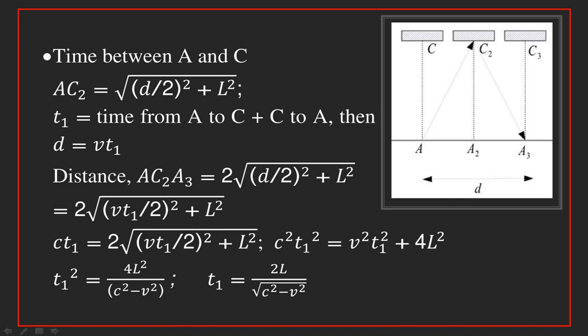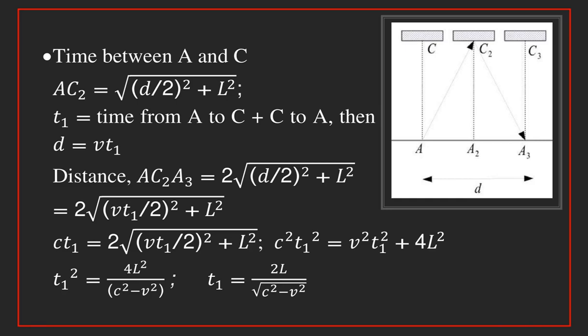So we get C t1 is equal to 2 into root of (V t1 by 2) whole square plus L square. Therefore, squaring this expression: here C t1 is the distance, because C is the velocity of light in the ether.